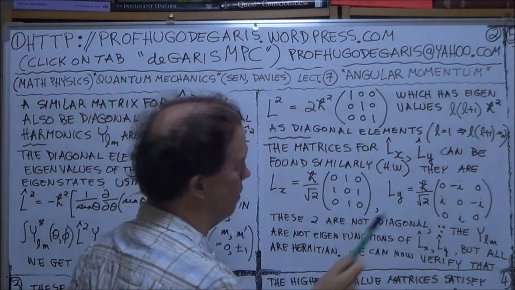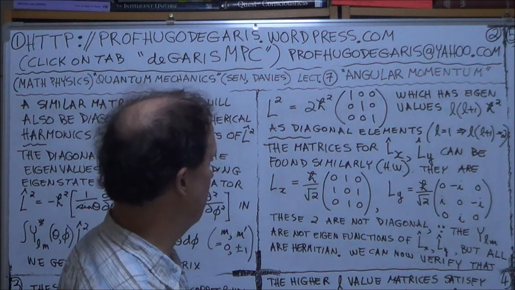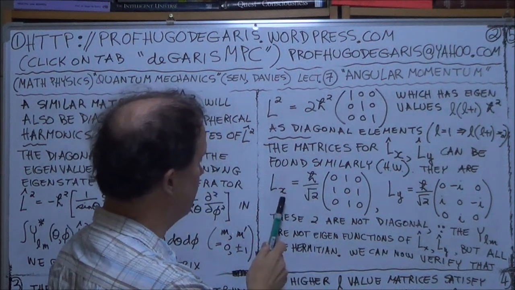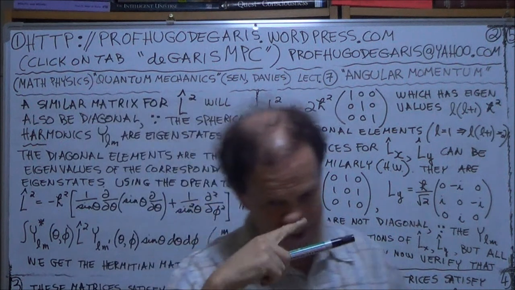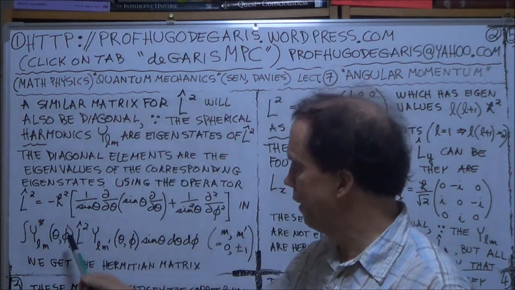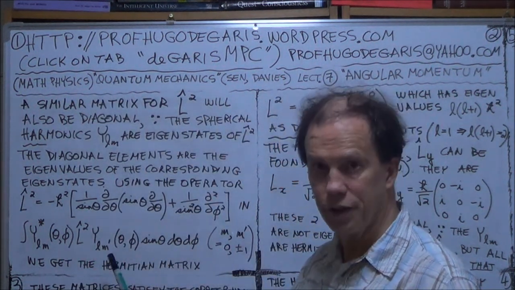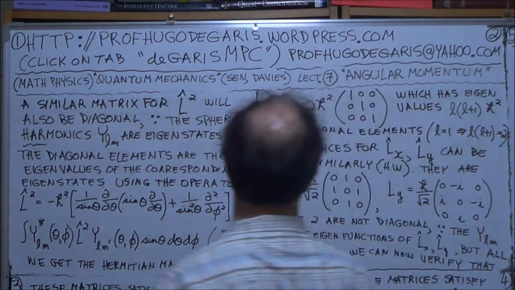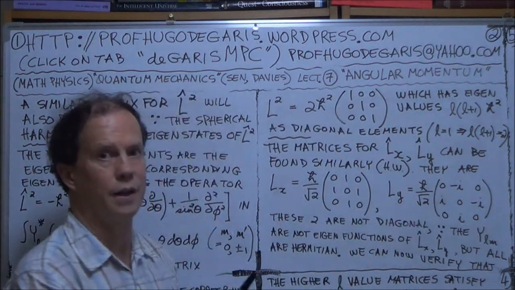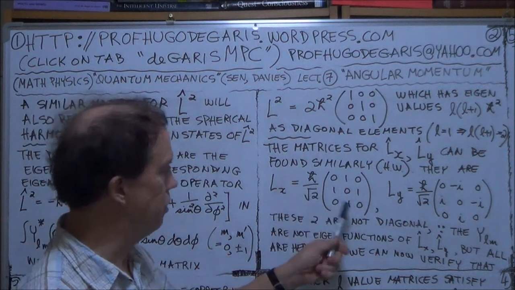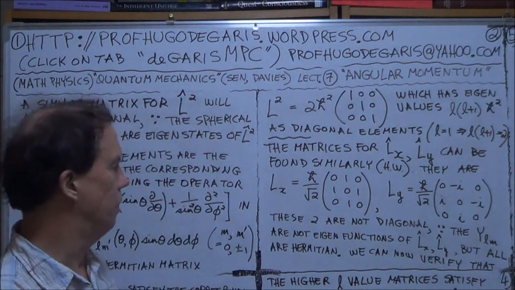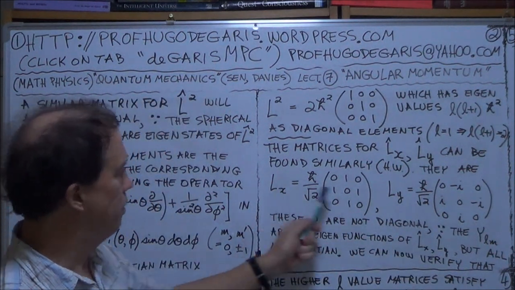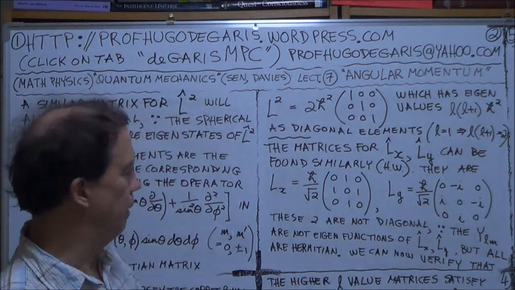So in this sense, these two are not diagonal matrices, and the reason is that the spherical harmonics here and here are not eigenfunctions of Lx hat or Ly hat. That's why the matrix representation is not diagonal. But these matrices are Hermitian.